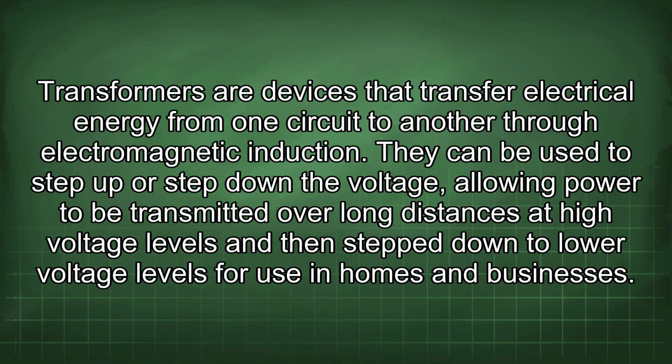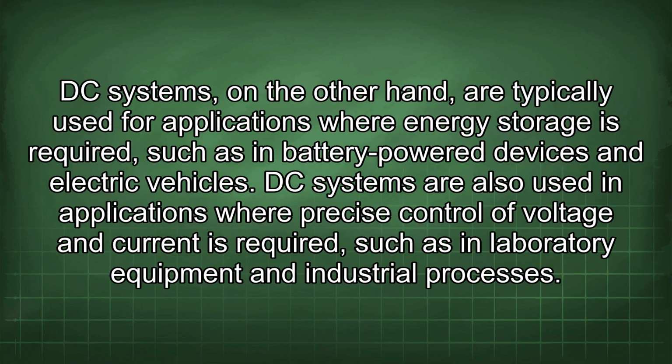They can be used to step up or step down the voltage, allowing power to be transmitted over long distances at high voltage levels and then stepped down to lower voltage levels for use in homes and businesses. DC systems, on the other hand, are typically used for applications where energy storage is required, such as in battery-powered devices and electric vehicles. DC systems are also used in applications where precise control of voltage and current is required, such as in laboratory equipment and industrial processes.